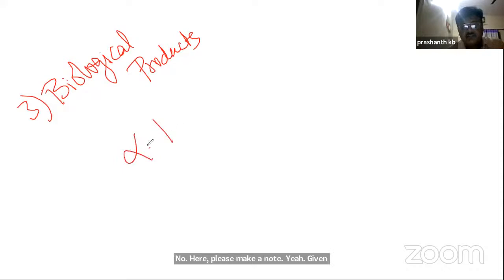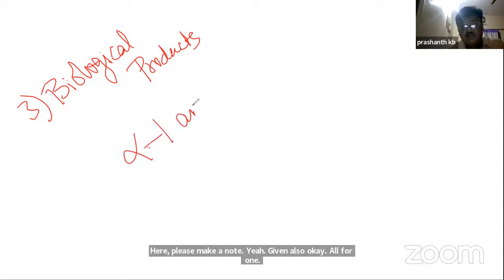So the third concept, biological products. Now, please make a note. They have given alpha-1 antitrypsin, a 1 mark question.